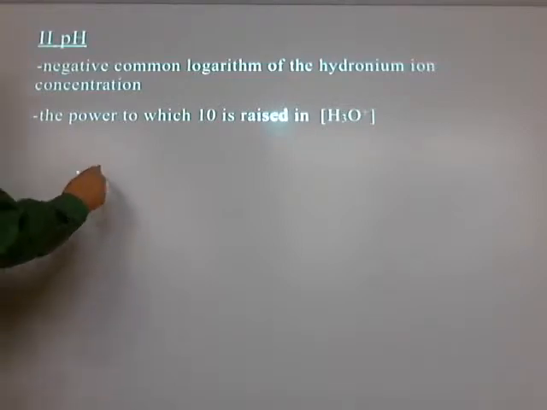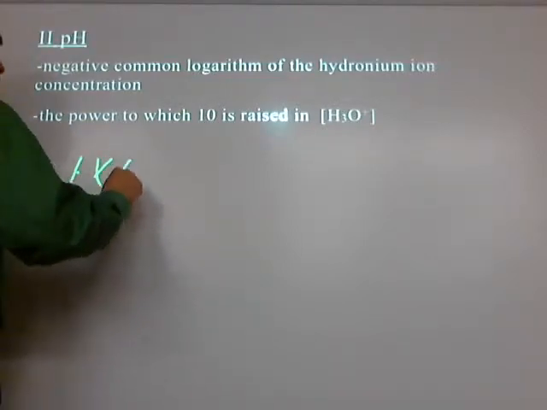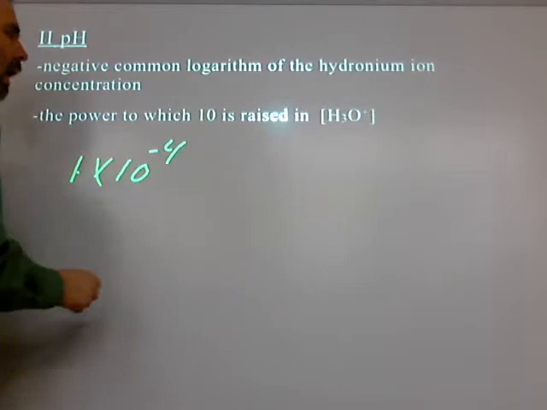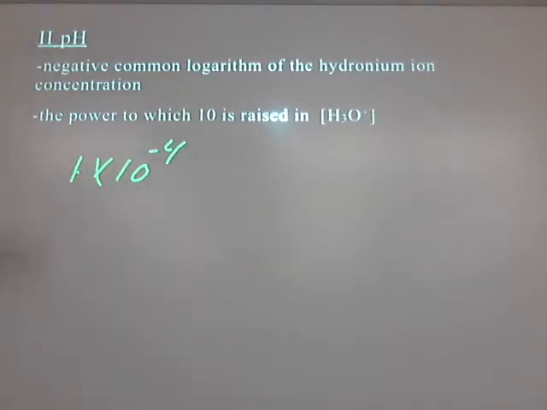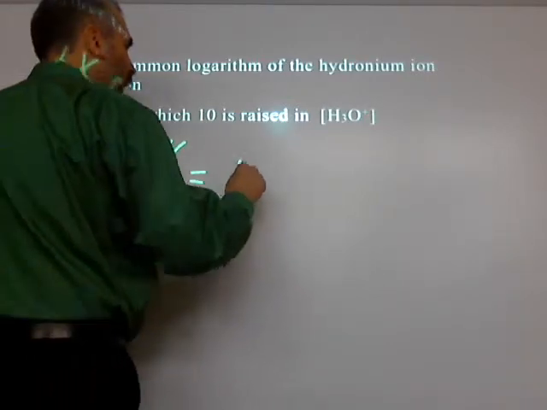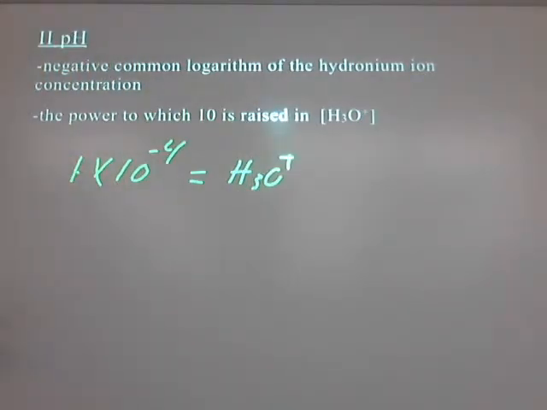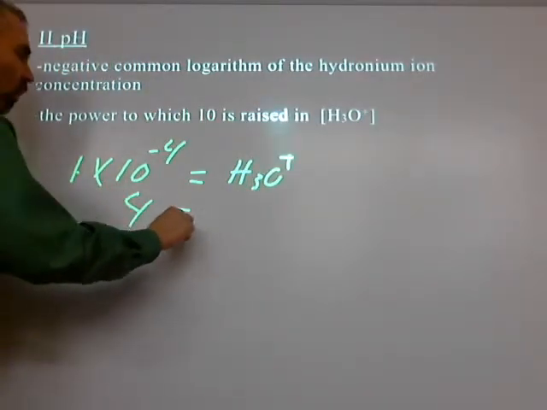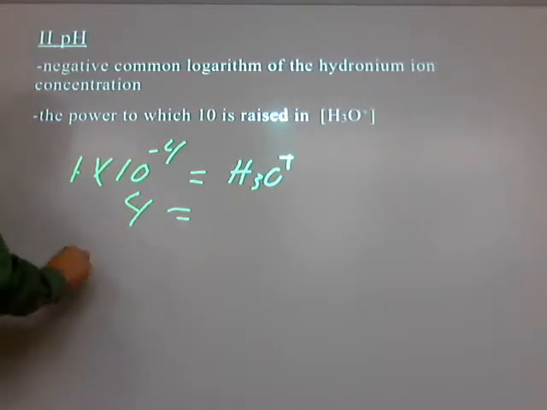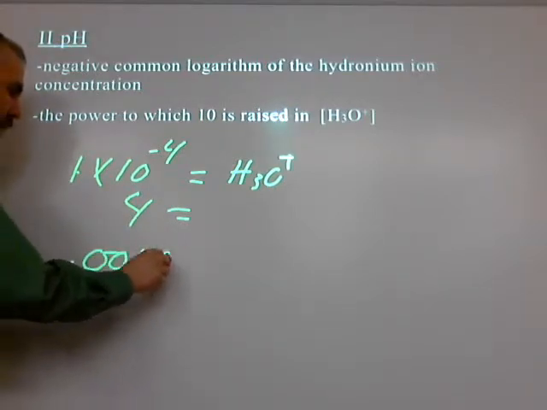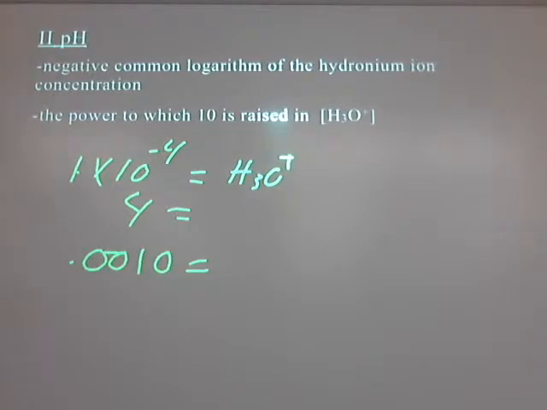So for example, if I have 1 times 10 to the negative 4th power, what's the pH? That's the hydronium. What do I know the pH is? 4. pH is 4. If I know the hydronium is 0.0010 molar, what's the pH of that? 1.